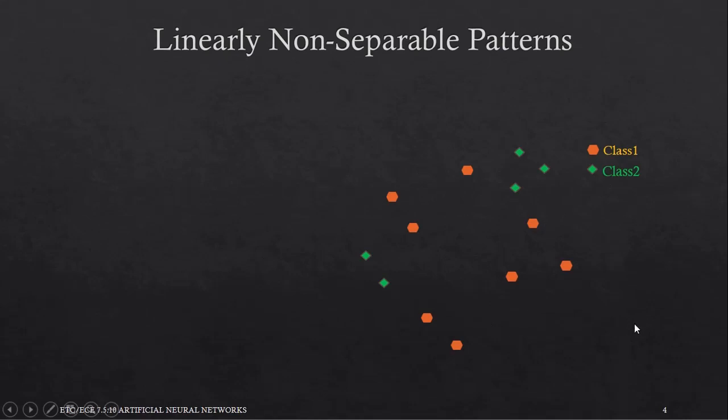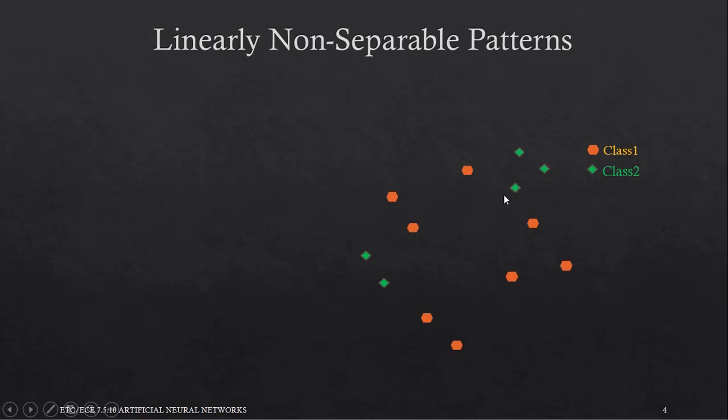But if we observe closely, it is possible to have multiple lines drawn in such a way that they create compartments. And each compartment consists of patterns belonging to only one class.